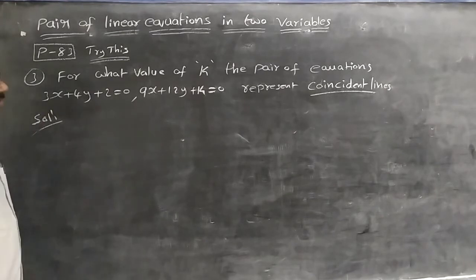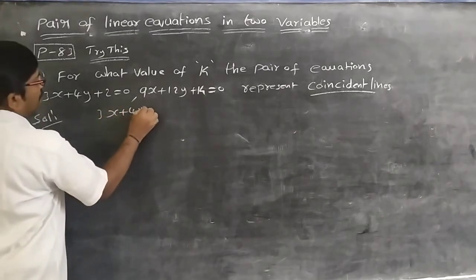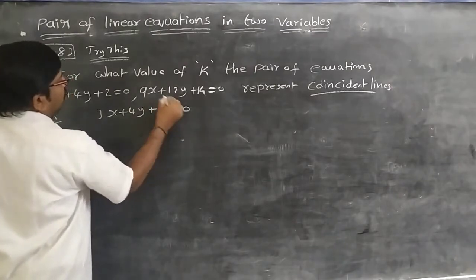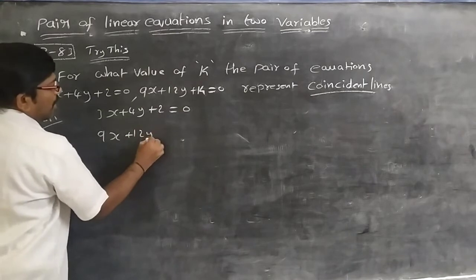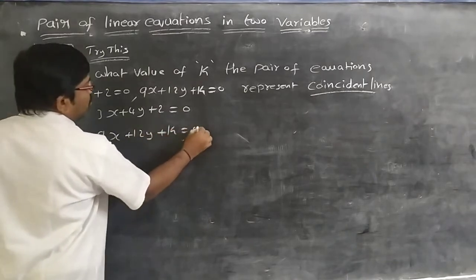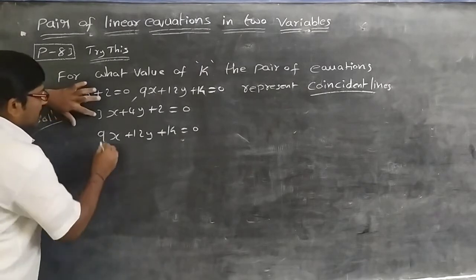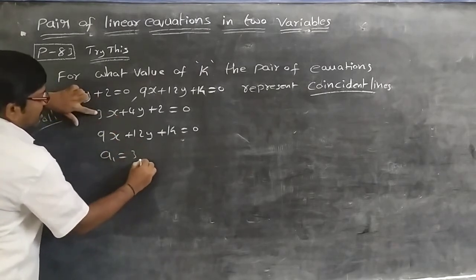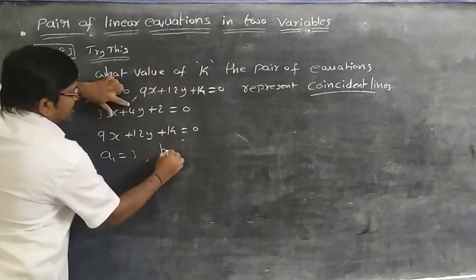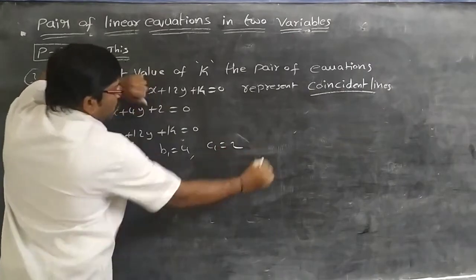See, first of all, write the system. 3x plus 4y plus 2 is equal to 0. Next, 9x plus 12y plus k is equal to 0. So write the a1, a2, b1, b2, c1, c2 values. Here a1 is 3 and b1 is 4 and c1 is 2, right?